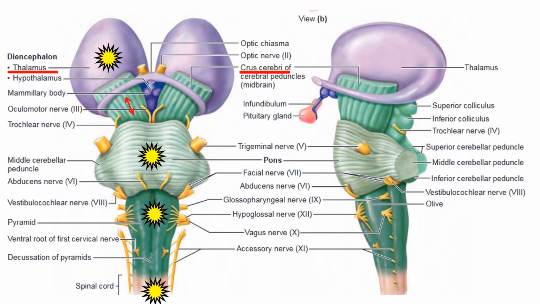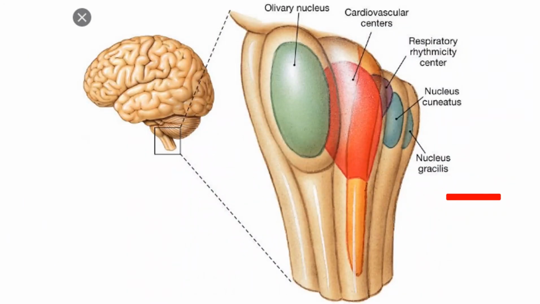Now, these are two parts of the brain stem, the pons and the medulla. Where is the midbrain? The midbrain is posterior, and you can see it here, that has four swellings called colliculi, two superior colliculi and two inferior colliculi.